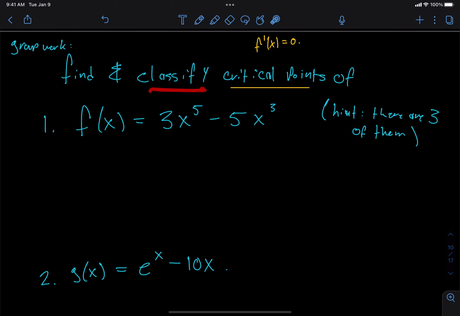Name one of them. They have a name. What were the names of those tests that we had? Yeah, the first derivative test or the second derivative test. Those are the names of them. But if you just know how to do it, that's fine too. All right, so get to work. I'll be coming around. Jacob will be coming around. Let us know if you want some help.